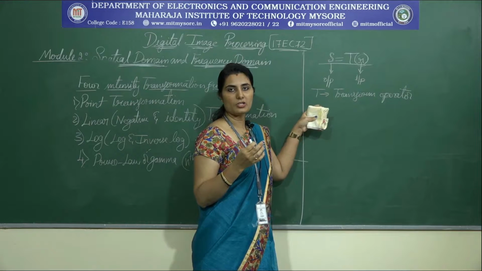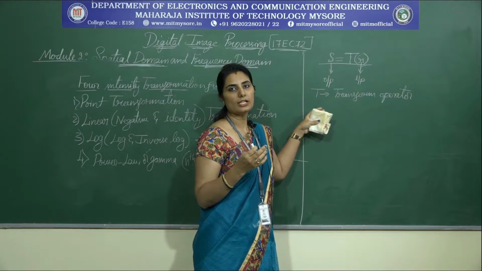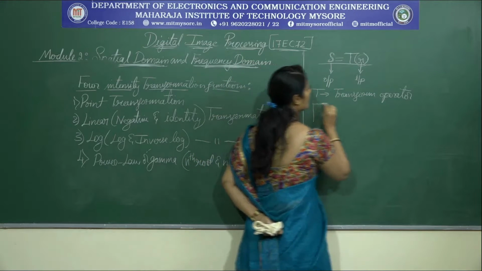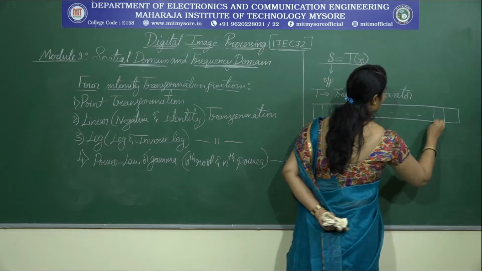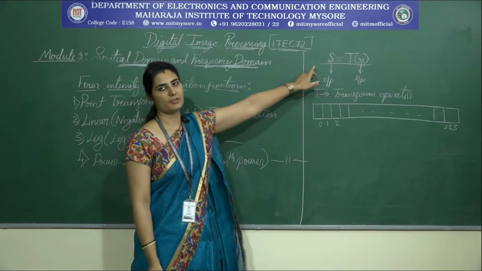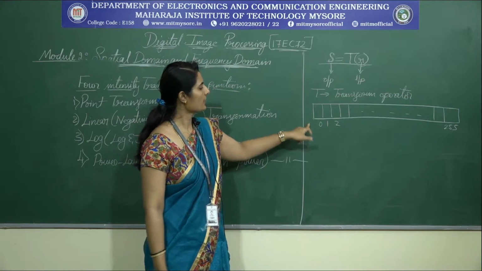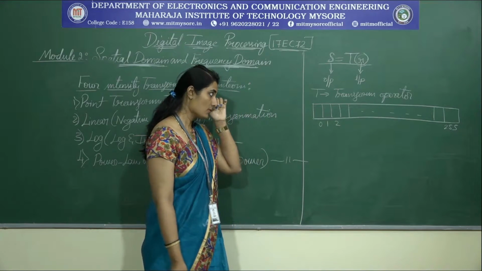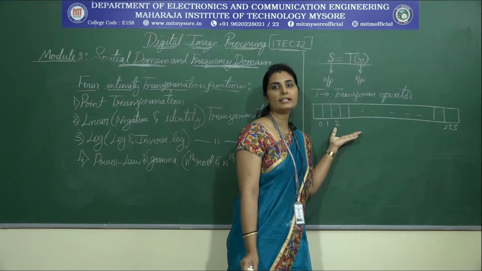This contains a one dimensional array where the values of each and every transformation are stored in that lookup table, and based on that it produces the output, that is S. So this is the lookup table, and based on this it produces the output transformation image, that is S. If we are dealing with 8-bit images, then there are 256 different intensity levels, so the lookup table size also depends on that.